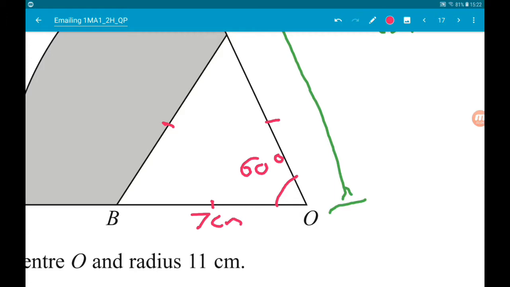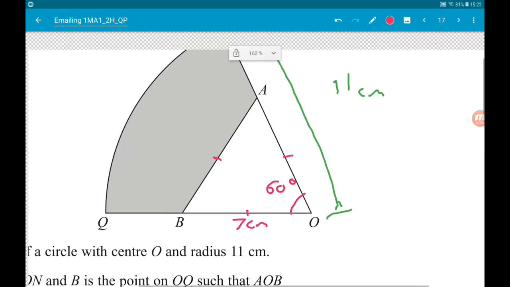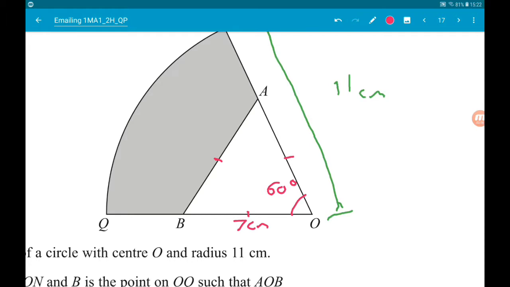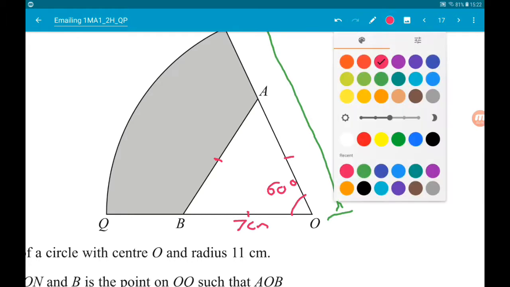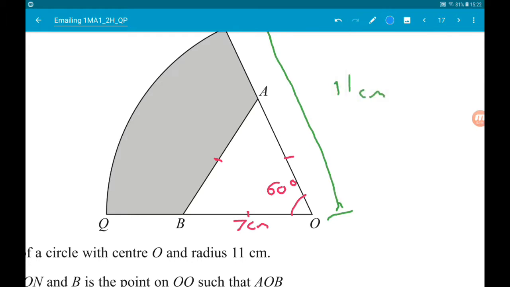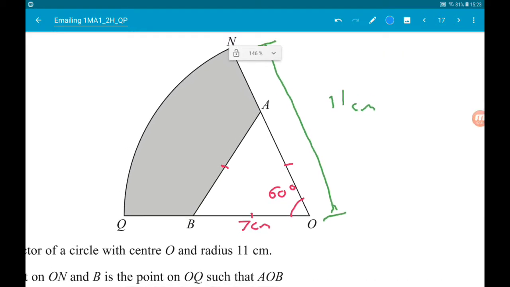So we need to find the area of the whole sector, the area of the triangle. From that we can then find the area of the shaded region and then get that as a percentage of the whole thing. So let's first of all do the sector.